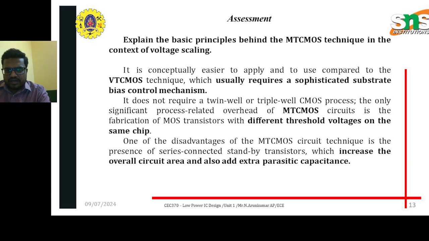Next one is this technique can increase the overall circuit area and also add extra parasitic capacitance, because it just accepts less space when compared with the previous topic, so that it can be very useful for identifying the voltage scale.